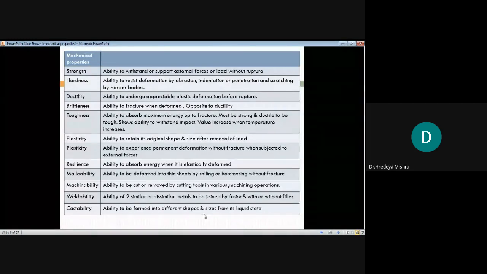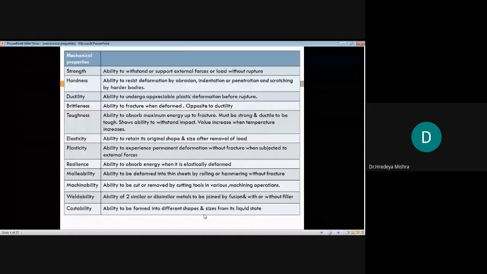Whatever definition you like, you can write. There is no problem with that. So ductility is the property of the material by which a metal can be drawn into thin wire. That is ductility.